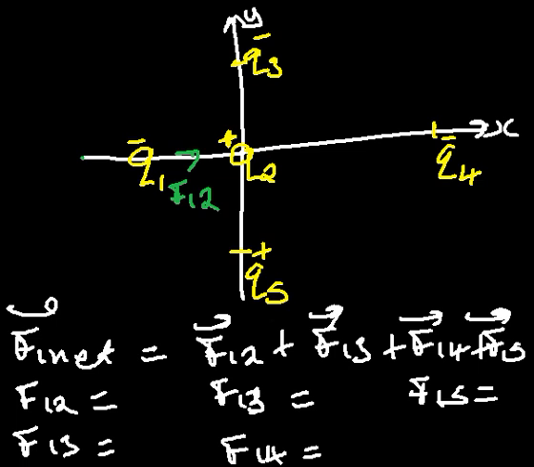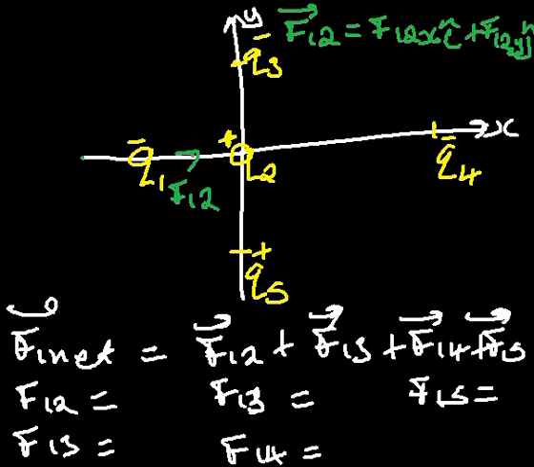So F12 as a vector will be resolved into components. We'll have F12x, that is i, plus F12y, that is j.